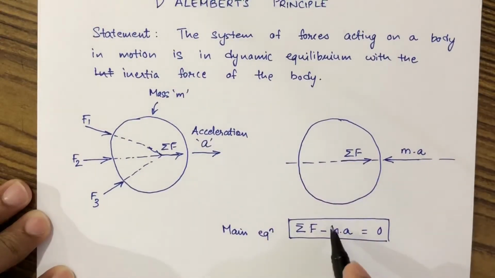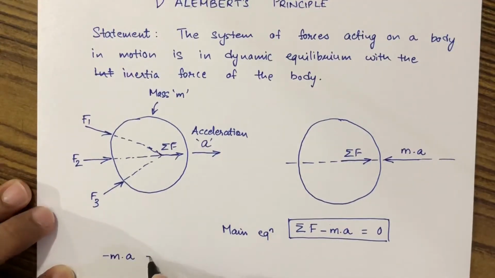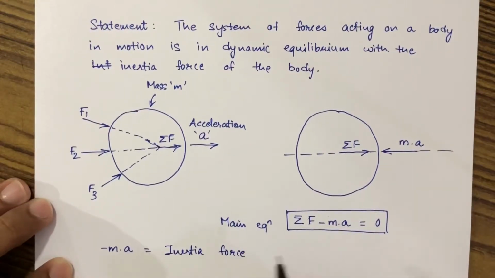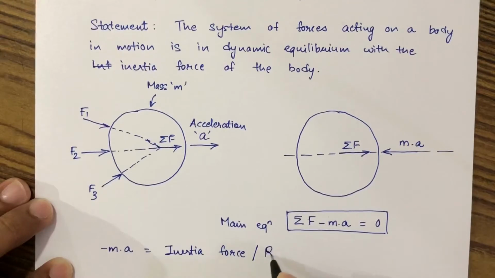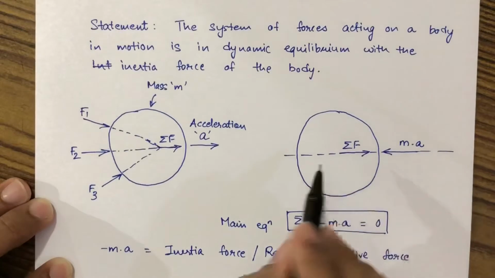Here this minus m into A force is actually the inertia force, or it can also be called the reversed effective force, as it is in the reverse direction of this force.